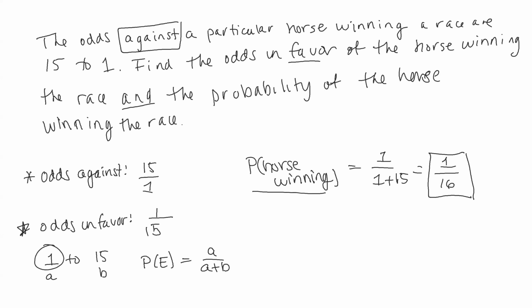Let me pull this back up again. The tablet's always a little awkward. Okay, so that goes over the section where we're talking about events not occurring, probabilities, and then odds. So remember, the probability that something does not occur is going to be 1 minus the probability that the event does occur. For or probabilities, you've got two situations. You've got mutually exclusive, and then you have not mutually exclusive.